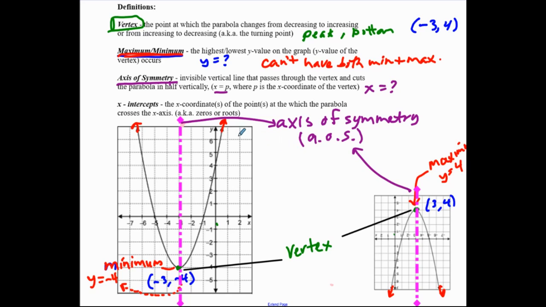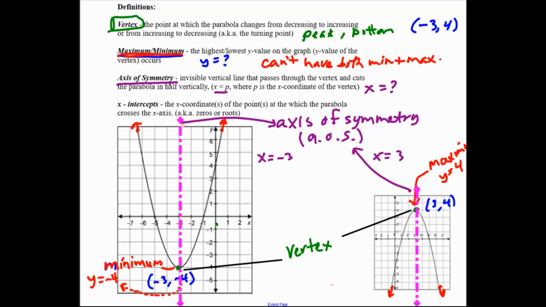In this case, the axis of symmetry is x equals -3. In this case, it is x equals +3. Obviously, they're similar parabolas. So that's one thing you'll have to show: be able to pick out the axis of symmetry.